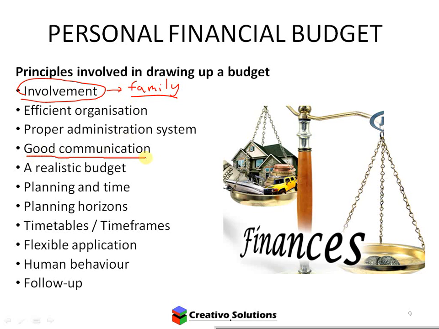When couples get divorced, it's probably because of finance. It's normally one of the big causes of divorce and separation, and it's normally because they don't talk about that stuff.